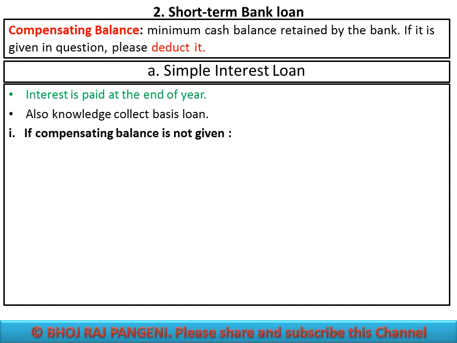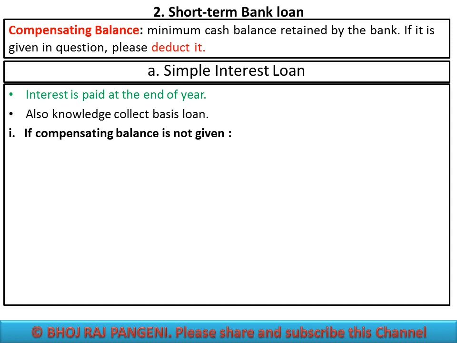One, if compensating balance is not given, then APC or EAR equals the interest rate divided by 100 times 100%.